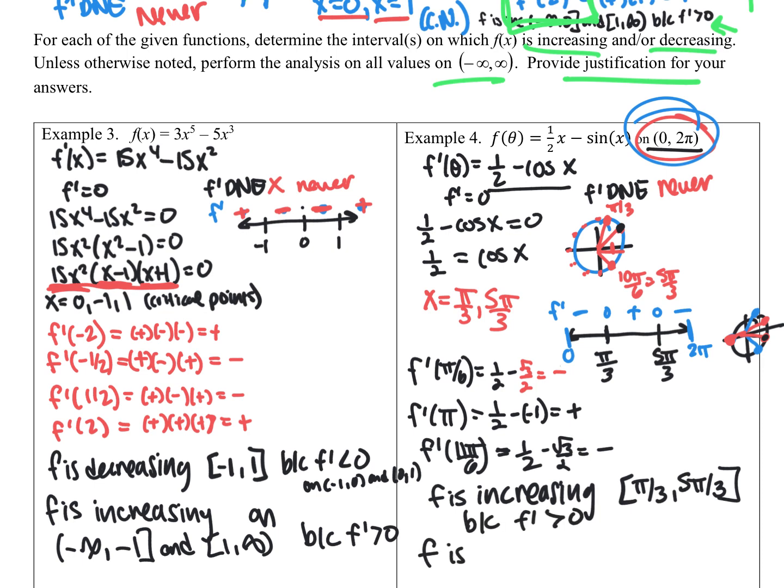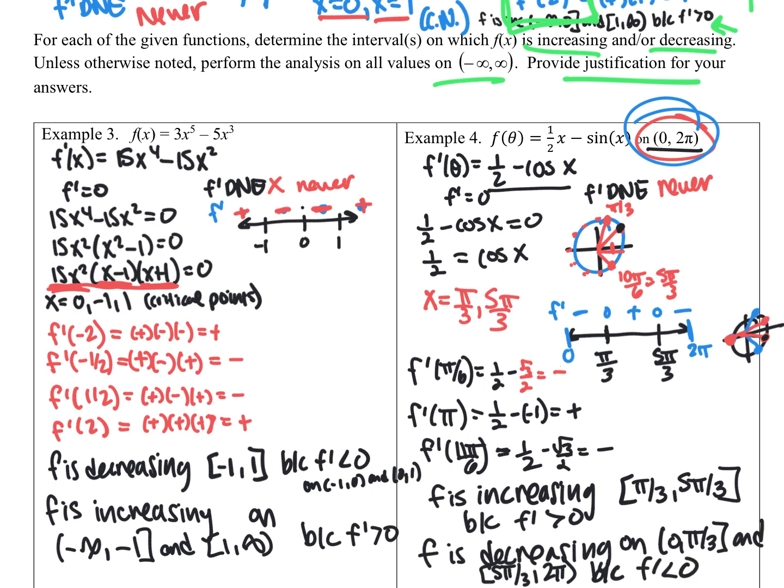And f is decreasing on 0 to pi over 3, because we're stopping at 0, and 5 pi over 3 to 2 pi, because f prime is less than 0.